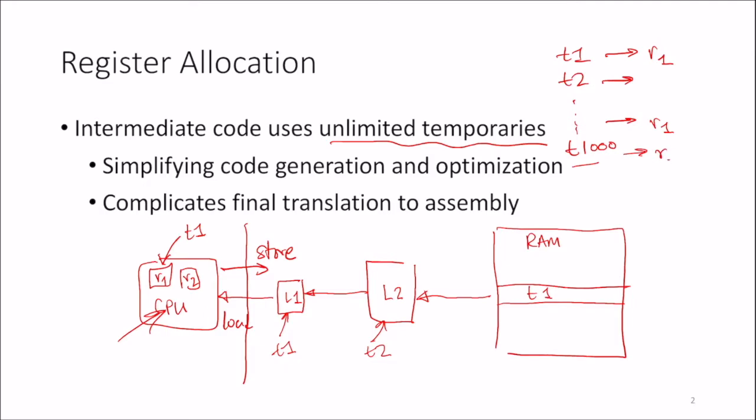So T1 might go to register R1, and so might a different temporary, and so might T1000, depending on where you are in the program, right? So we want to reuse these registers as much as possible for different temporary variables, or any location really that we have in the intermediate representation.